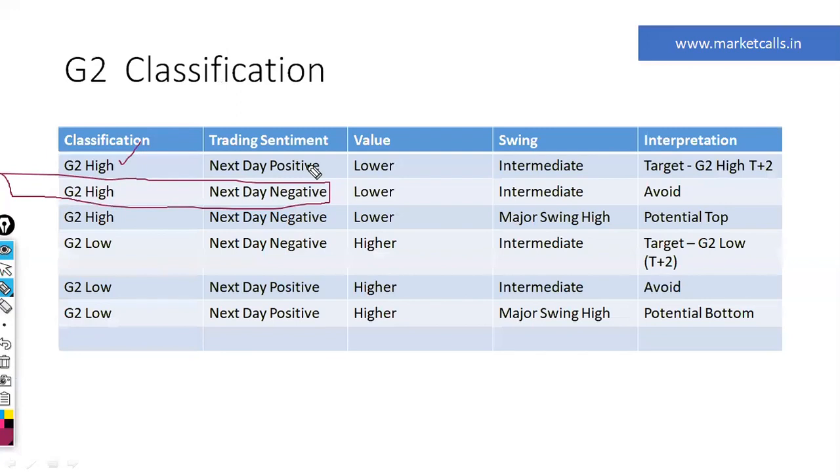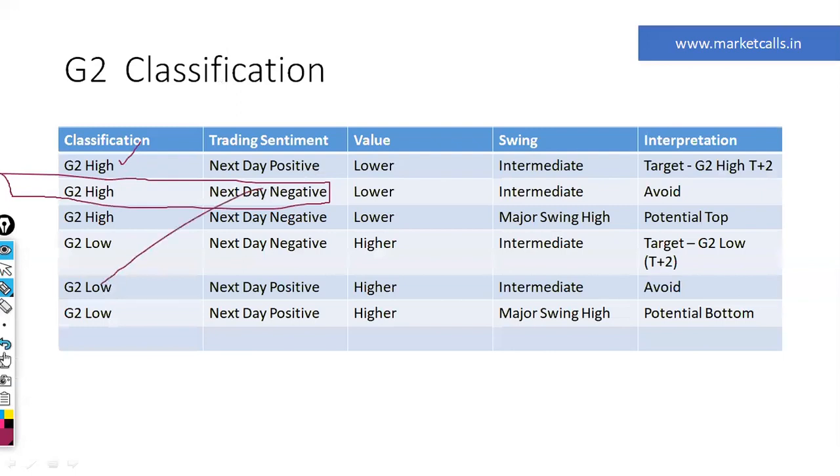Out of 100 G2s, you're not going to trade all of them, right? The very next day the sentiment turns positive only 33% of the time. Only at those times you're going to take a play, right? So most of the G2s you are going to avoid. Not every G2 or every G3 you are going to fade, because having a G2 doesn't mean price has to come over there, right? So we'll be taking that daily sentiment as an assistant to fade or not to fade.